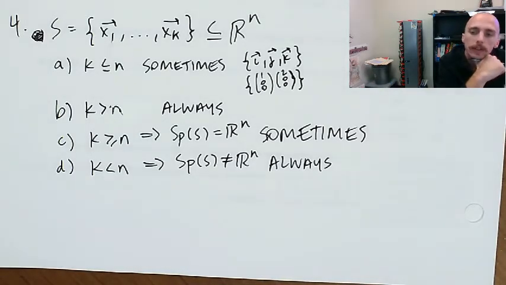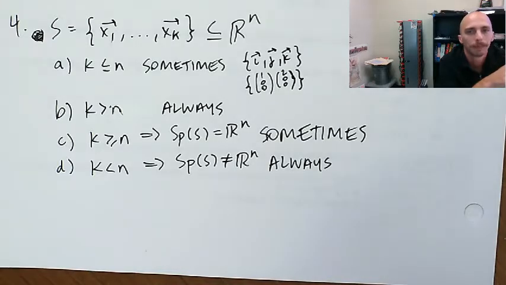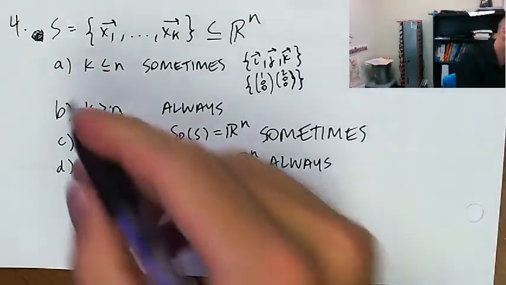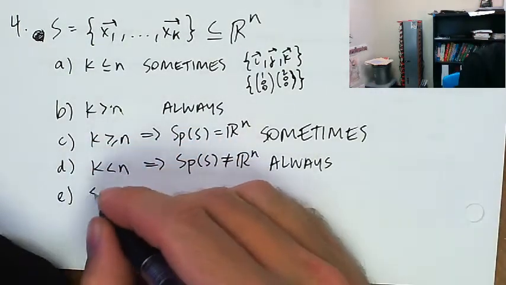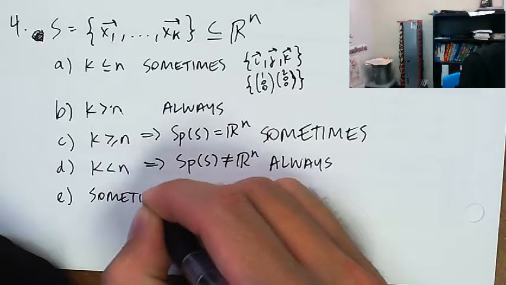If you envision R3 and a subspace, you're thinking like a plane or a line, then maybe not actually. Oh, this one is tricky. I'm going to say this one is sometimes true.